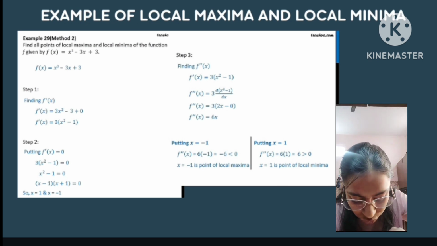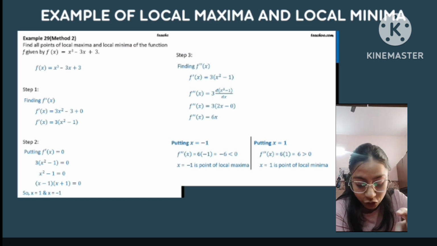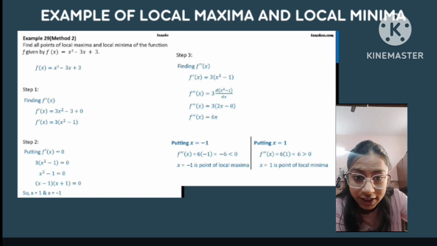In this question, when we put -1 in the double derivative, that is 6x, the value was -6, which was smaller than 0, so it is the point of local maxima. But if we take the critical point x equals 1 and put it in 6x, the answer is 6, which is greater than 0, so it is the point of local minima.